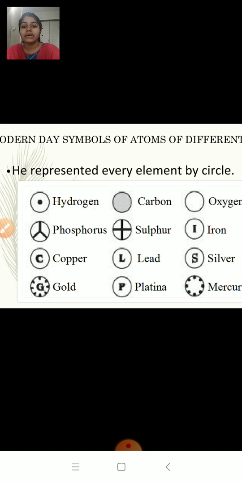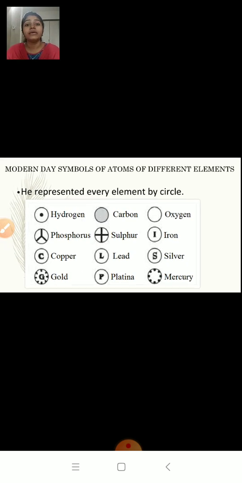So these are the symbols given by John Dalton. But these symbols are difficult to draw and understand, and inconvenient to use. So Dalton's symbols are of only historical importance. They are not used at all.